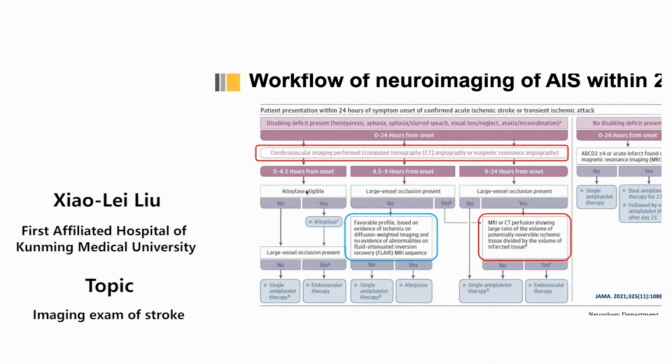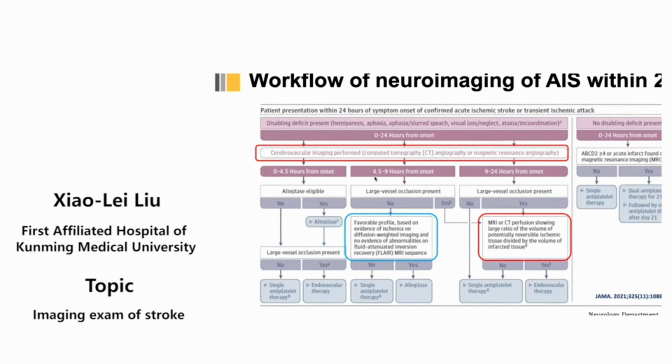If the patient receives alteplase with no vessel occlusion, we should use a single antiplatelet therapy after the alteplase. If the patient is not eligible for alteplase, we should use the single antiplatelet therapy. This is for a patient within 4.5 hours.